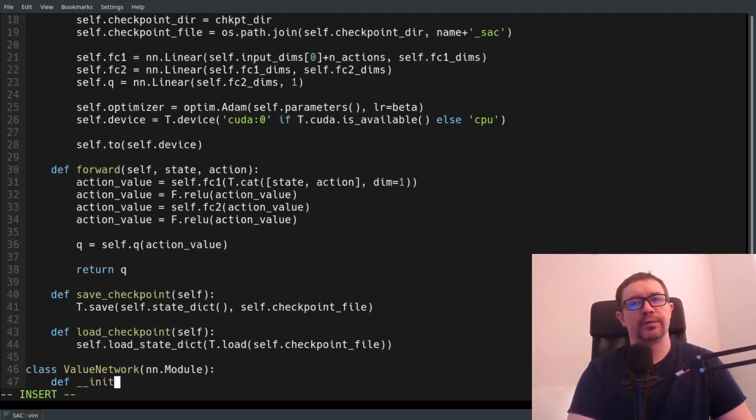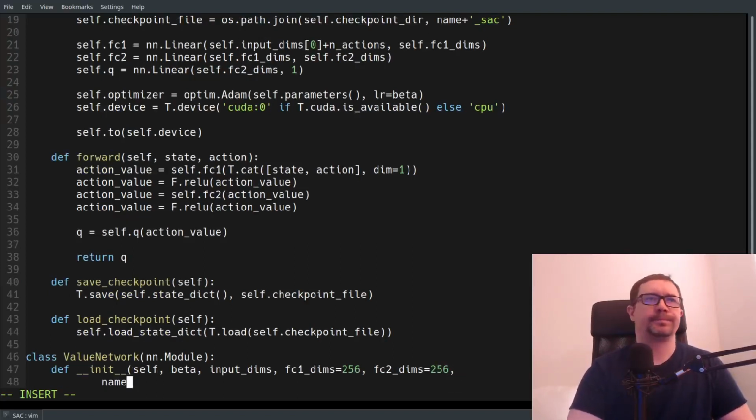And our initializer is going to take a few fewer parameters. We need a learning rate beta, input dims, FC1 and FC2 dims, and I believe that is it. No, we need the name. I'm going to run into a problem, aren't I? Let's do this.